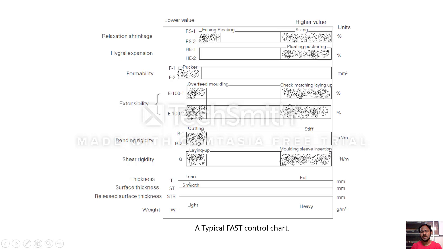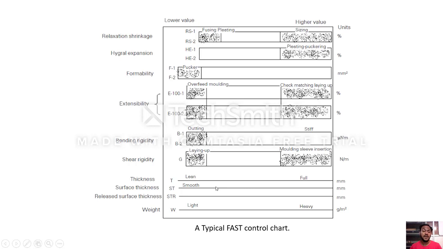Next are the thickness, surface thickness and release surface thickness. These three parameters we calculate from the compression testing. Here also you see there is no warp or weft shown.